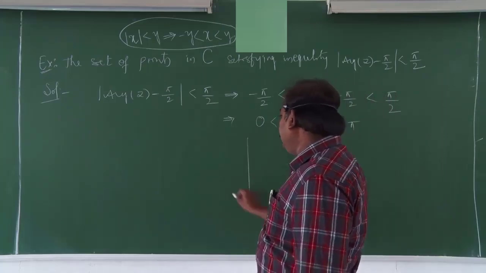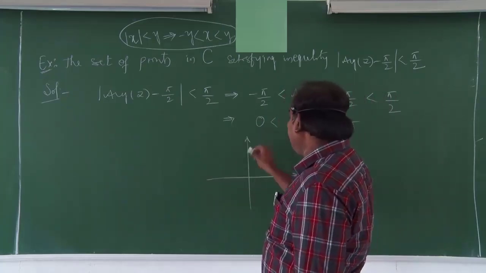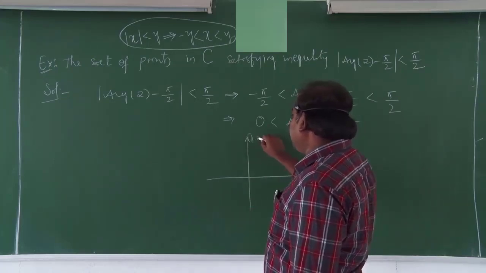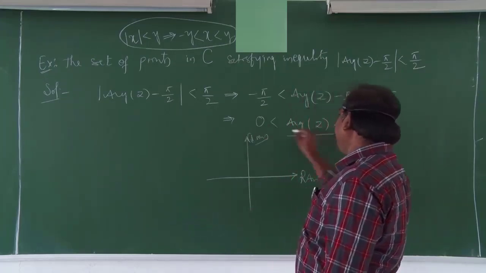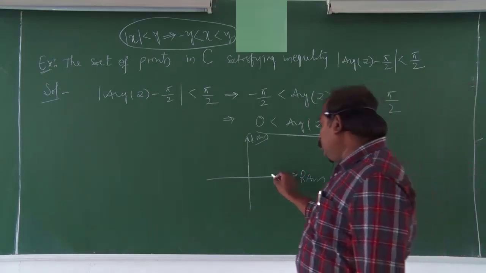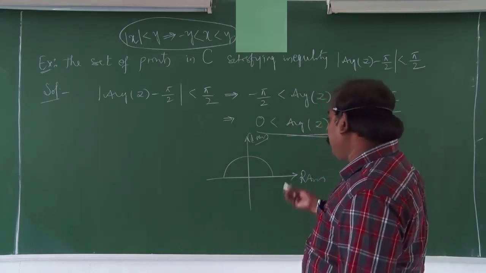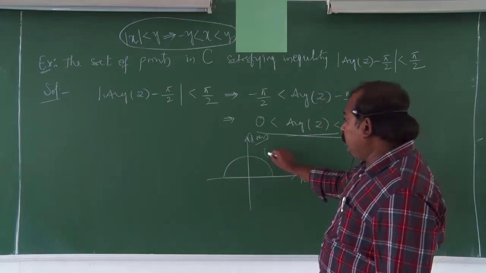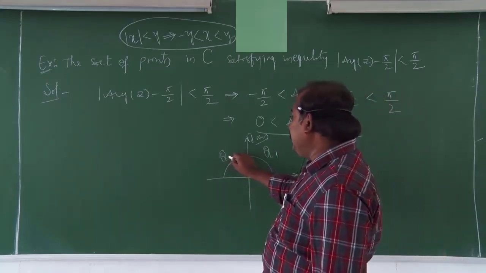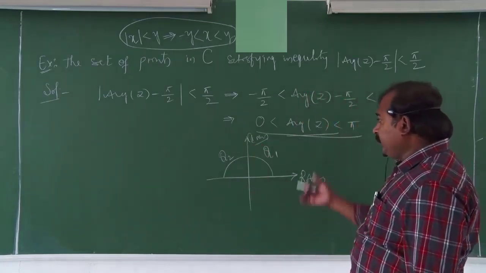In the complex plane, consider the real axis and the imaginary axis. What we got here: argument of z lies between 0 to pi.